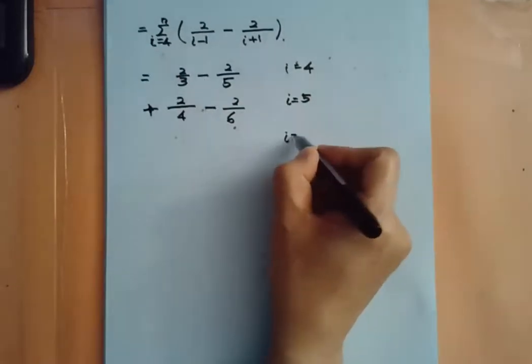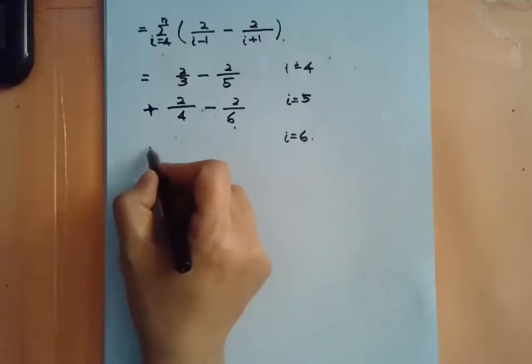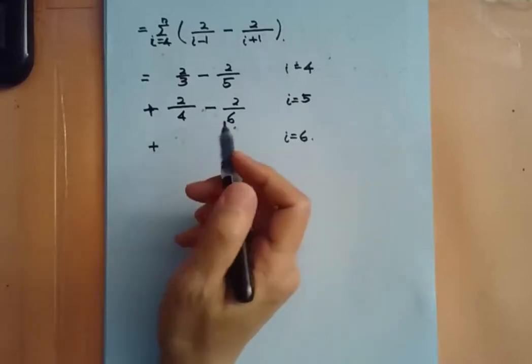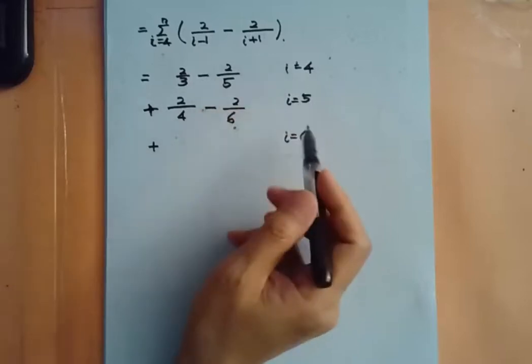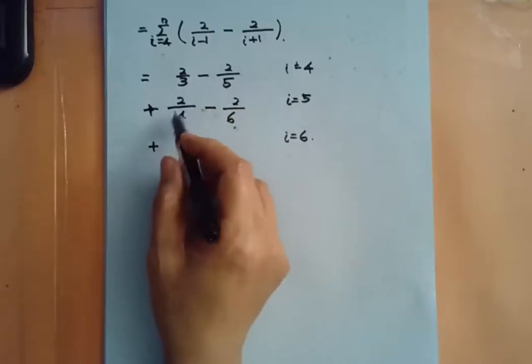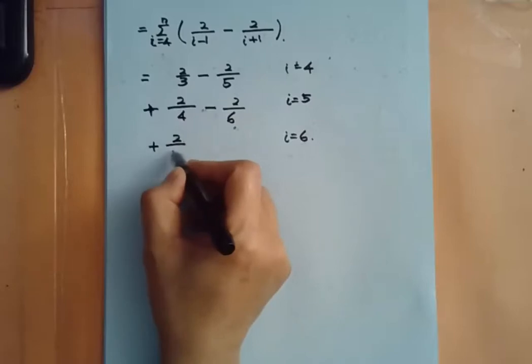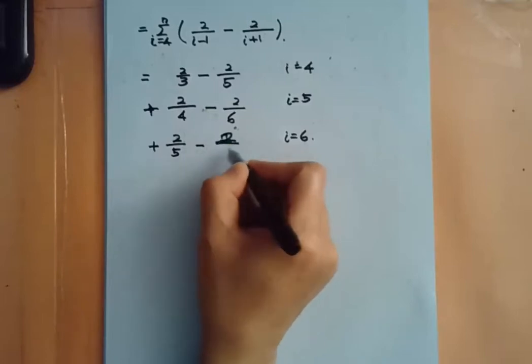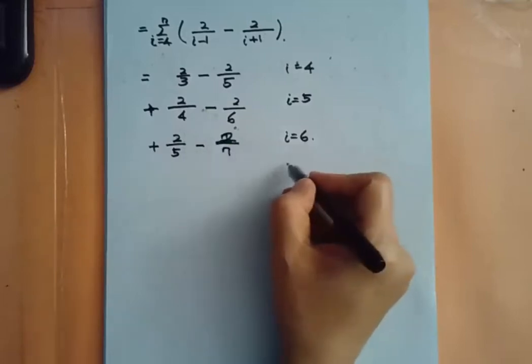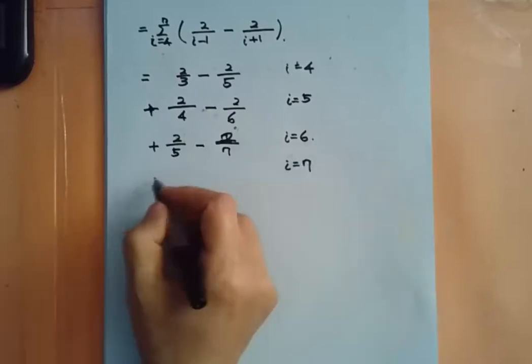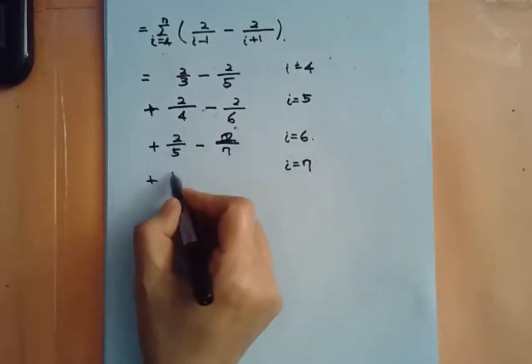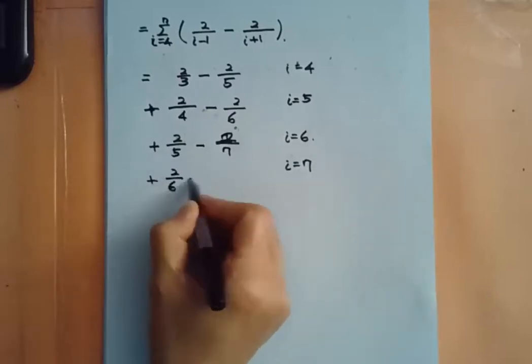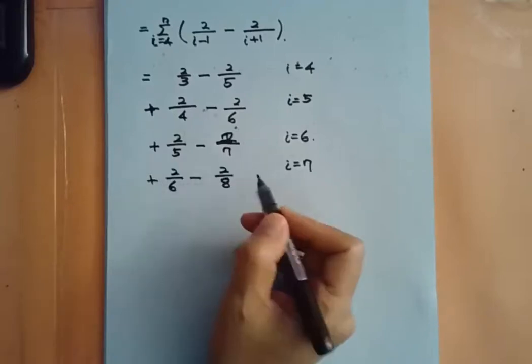If i equals 6, then the same pattern will go on. So i increases by 1 each time, and it is 2 over 5 minus 2 over 7. And when i equals 7, we just increase the denominators: 2 over 6 minus 2 over 8.